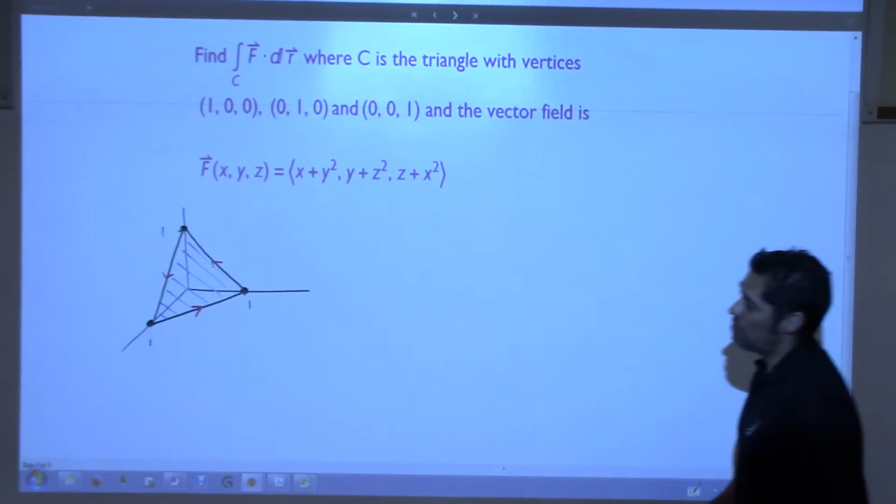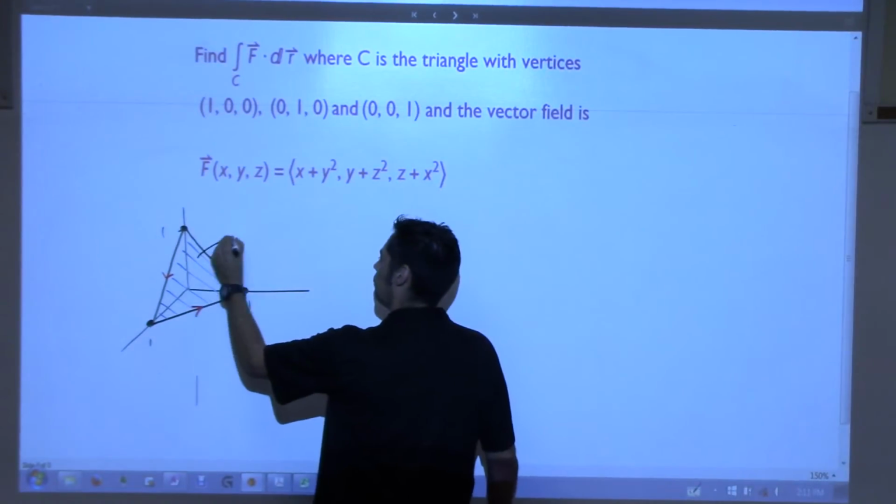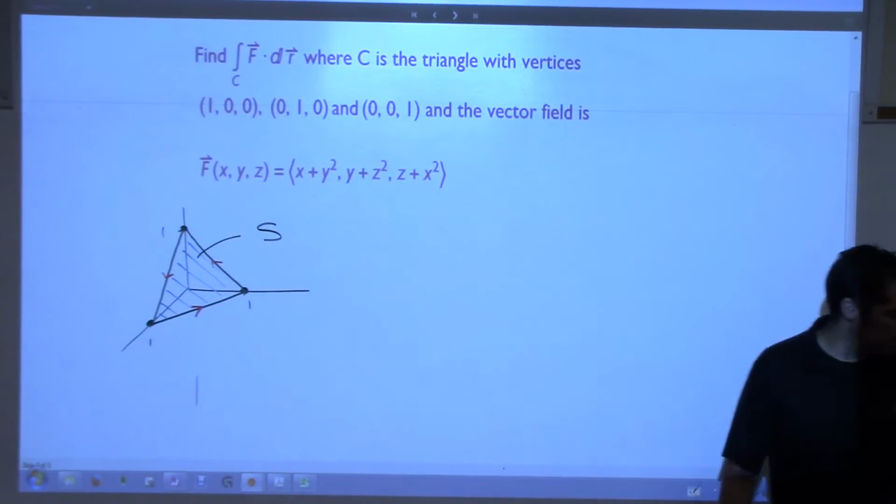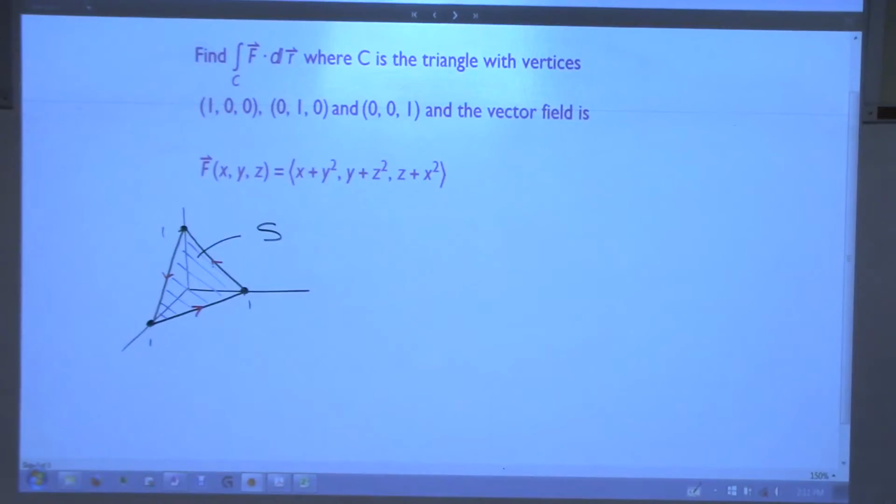That's what I'm going to call my surface S. And I can go a little further. It's flat, so maybe I could find its normal. And its normal should always be the same, because it's a flat sheet. It's always pointing in the same direction. I could do that.